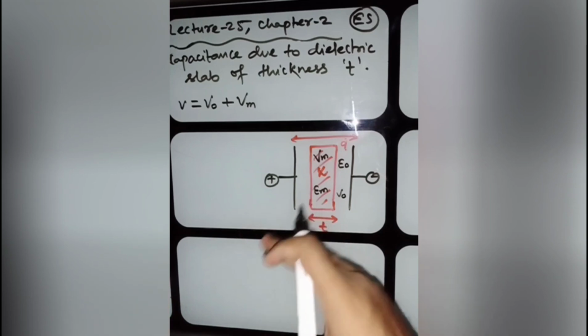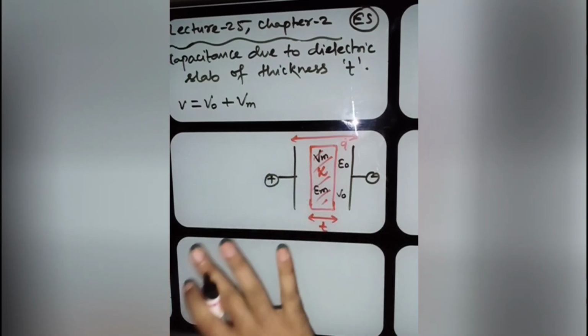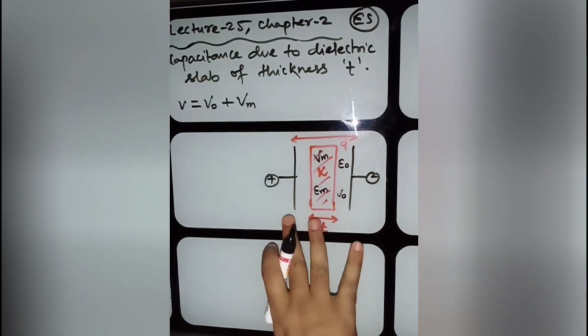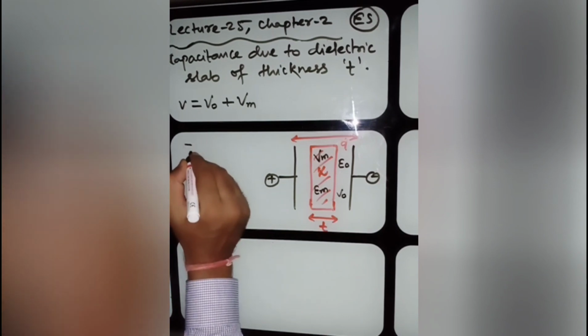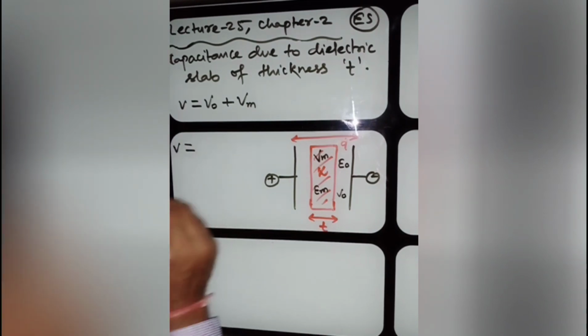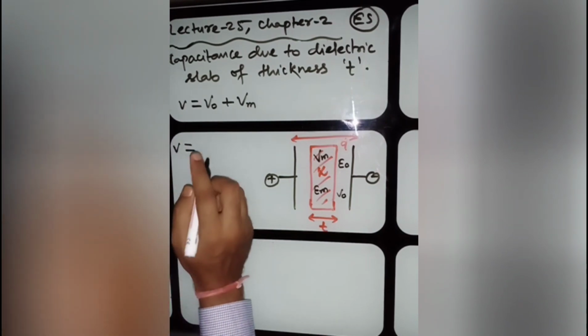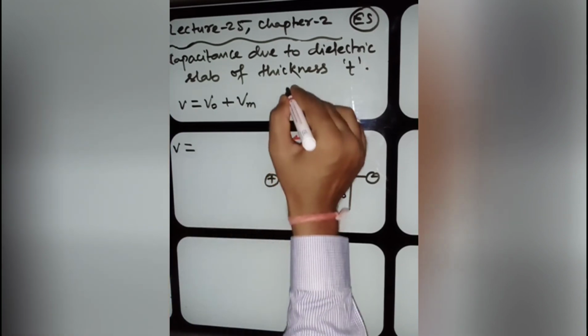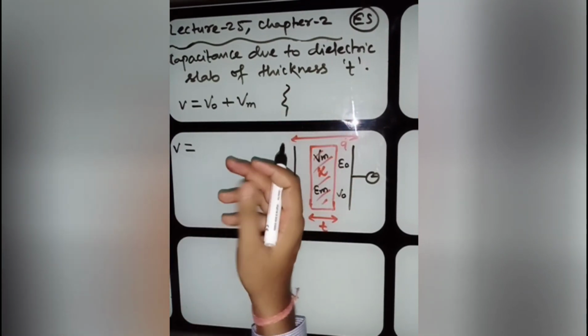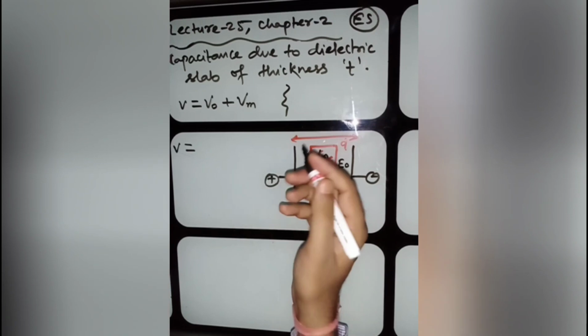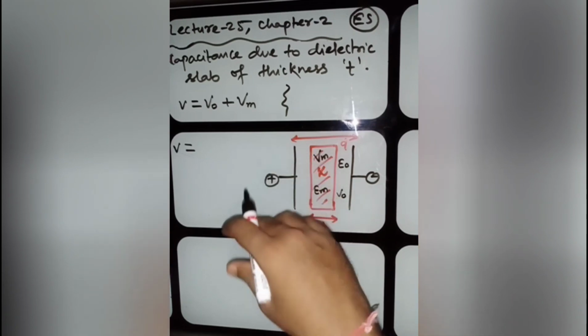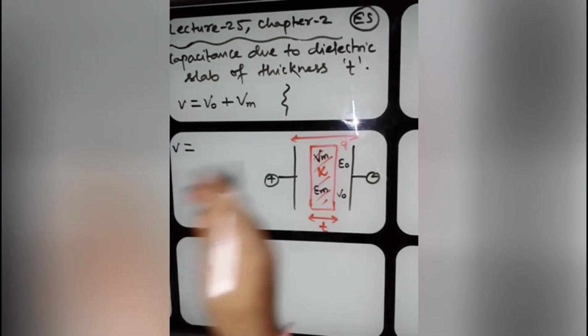Since we have to derive the capacitance, we know that we need potential. So we are proceeding from here only. V. Now V naught: the formula of potential we know already.